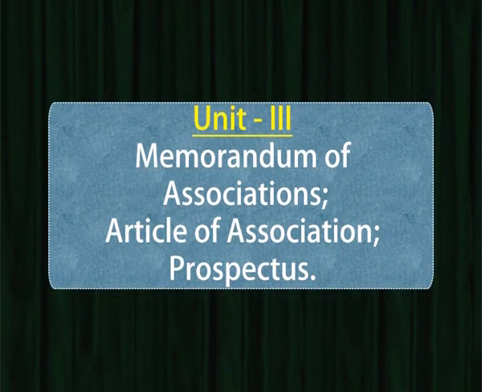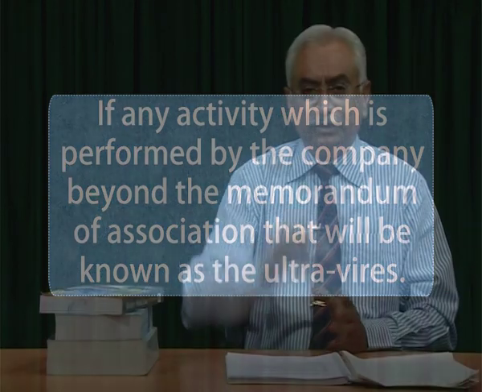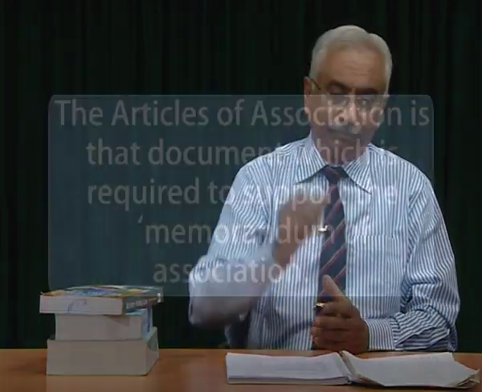Unit number 3 deals with memorandum of association, article of association and prospectus. If any activity which is performed by the company is beyond the memorandum of association, that will be known as ultra vires. So, this is the fundamental and the most important document of the company.